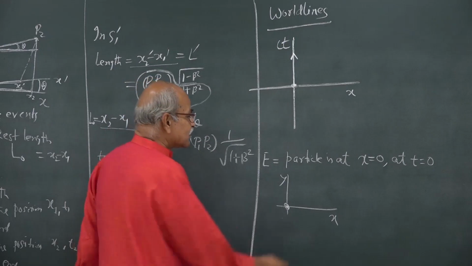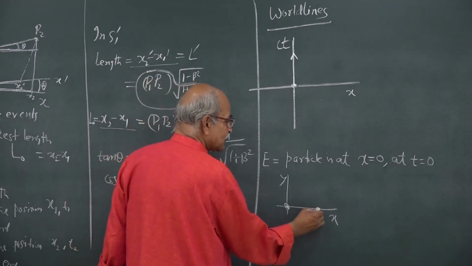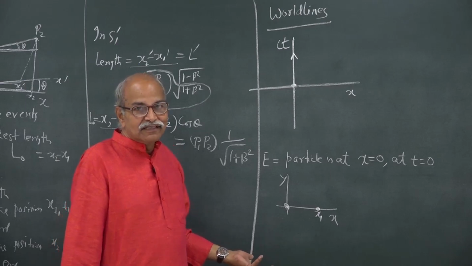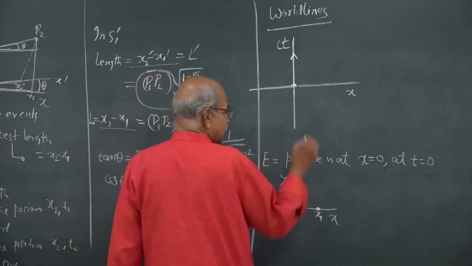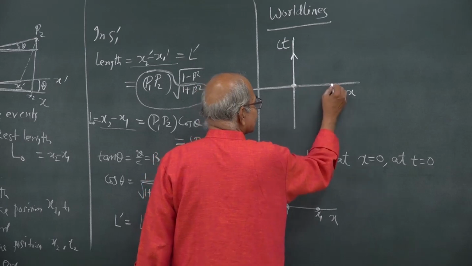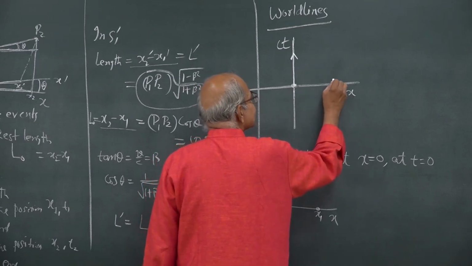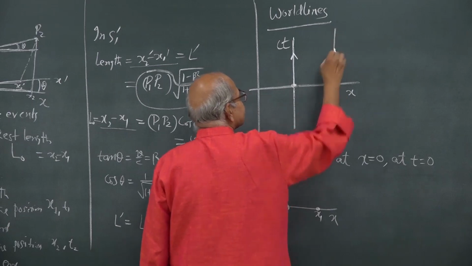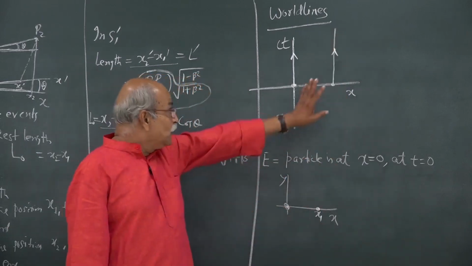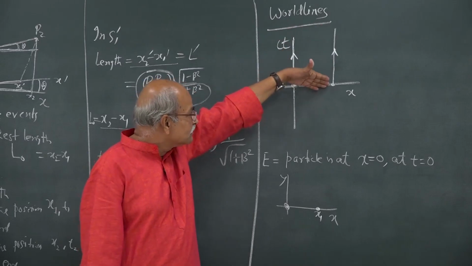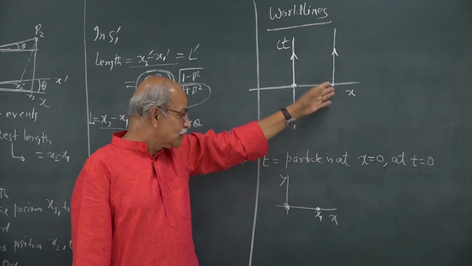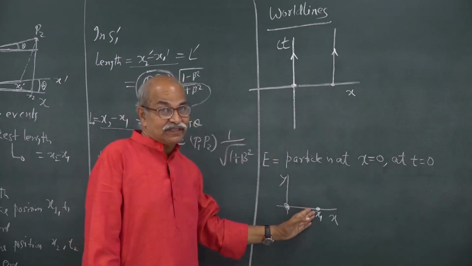If the particle is at rest at this position, the particle is just sitting there. So what is the world line? At t equal to 0, the particle is here. As time passes, time increases. This is the world line. This is the future, in fact. In future, as time increases, it's like this. And t equal to 0 is one particular instant I have chosen.